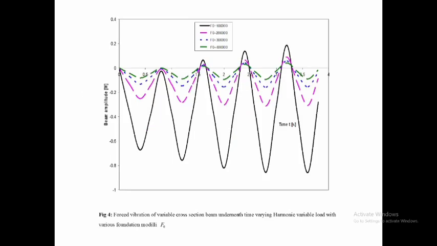Likewise, we also consider the harmonic variable load. Figure 4 represents the force vibration of variable cross-section beam underneath time varying harmonic variable load with various foundation modulus. So also as we increase the foundation modulus here, the amplitude of deflection reduces.